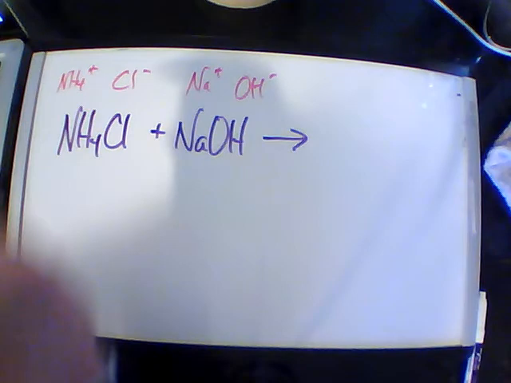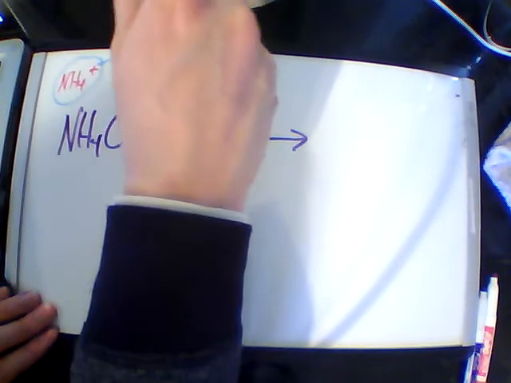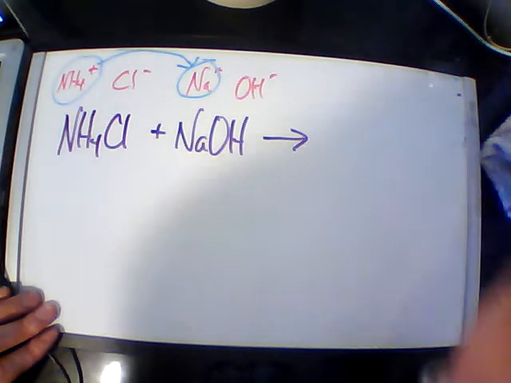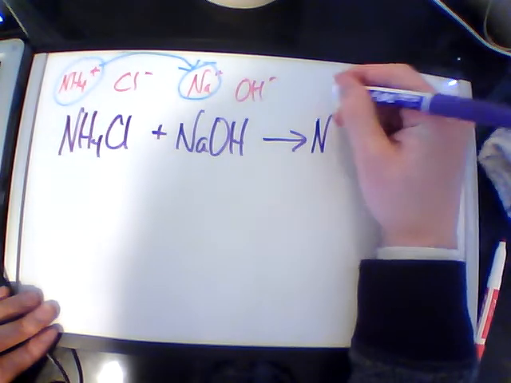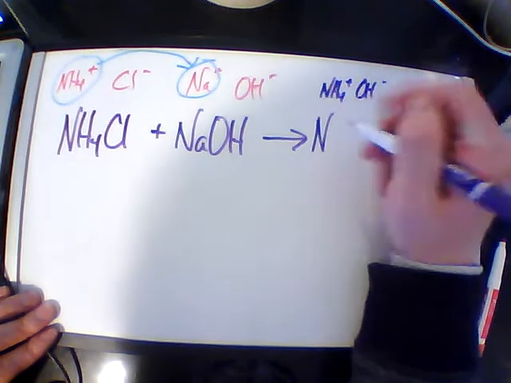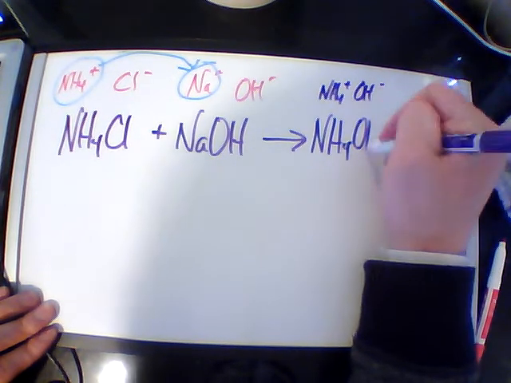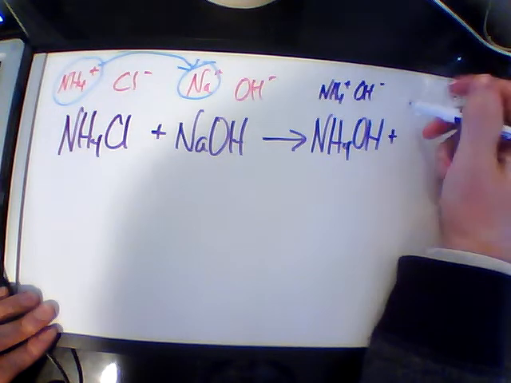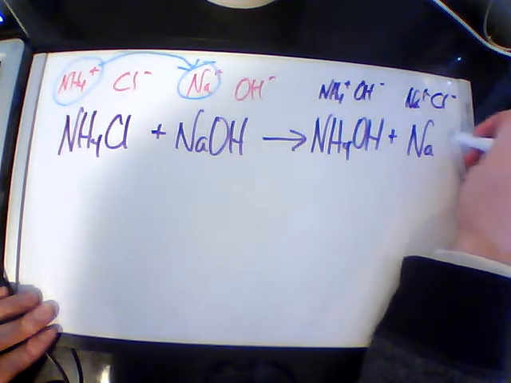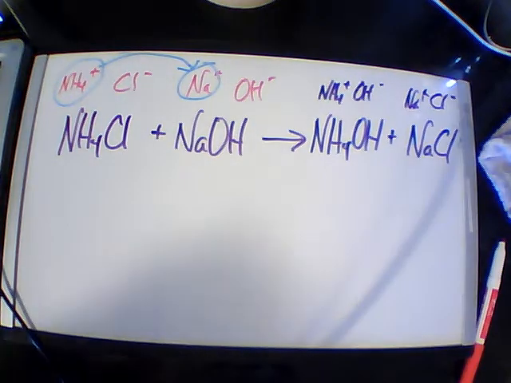So we're going to take our cations and we're going to switch partners. So the NH4 ends up bonding to the OH. NH4 is +1. OH is -1. So I just get NH4OH, one of each. And Na+ ends up bonded to Cl-, giving us NaCl. And if you look that over, you realize it is already balanced.